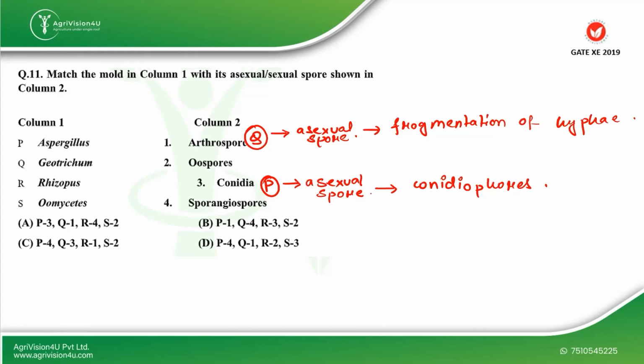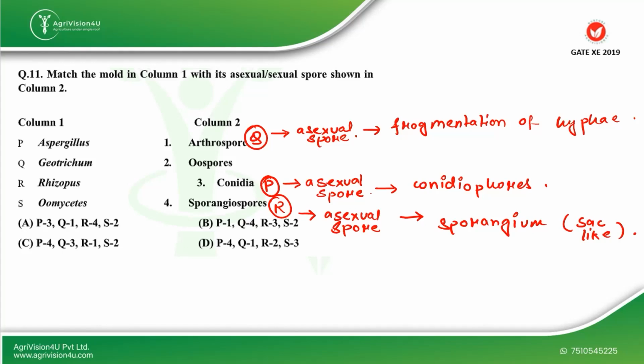This mold produces sporangiospores, R. This is also a type of asexual spore that is enclosed within sac-like structures known as sporangium.